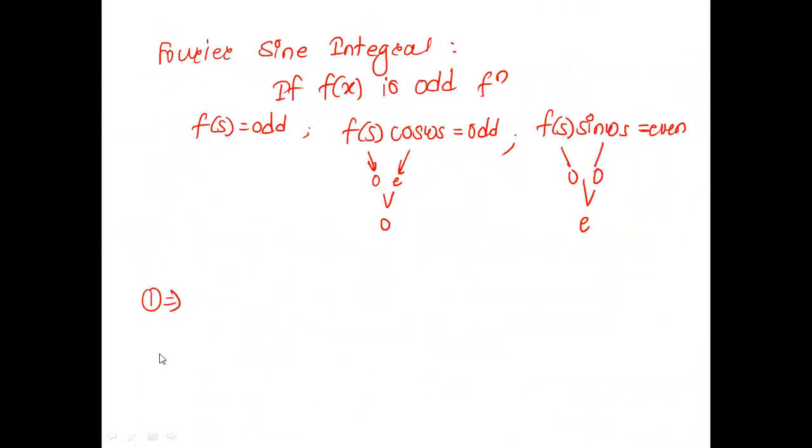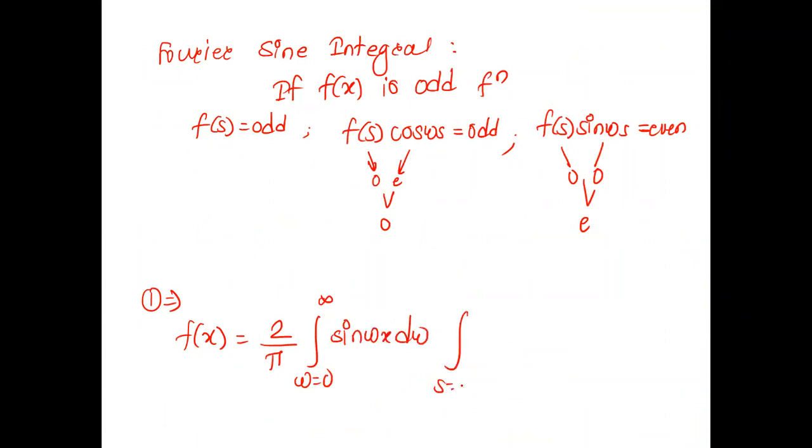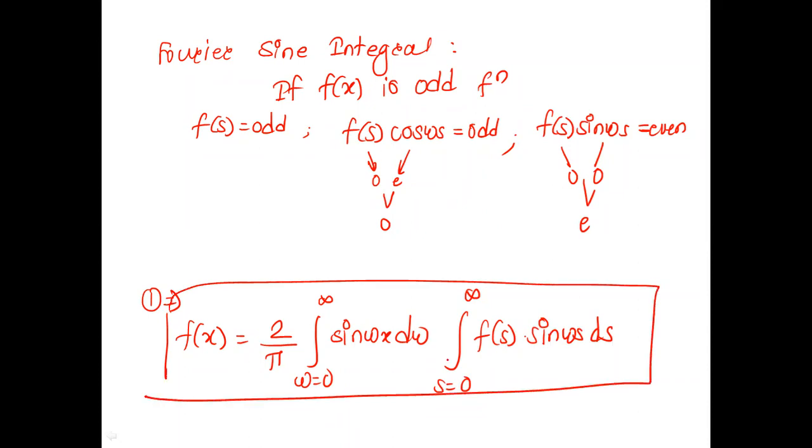That is, f of x is equal to 2 by pi, omega from 0 to infinity, sine omega x d omega, integration s from 0 to infinity, f of s into sine omega s ds. Originally it was minus infinity to infinity, but whenever it is even, it is 2 times 0 to infinity. And this is the Fourier sine integral.